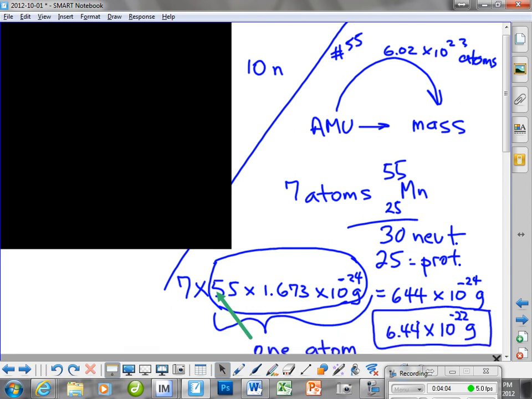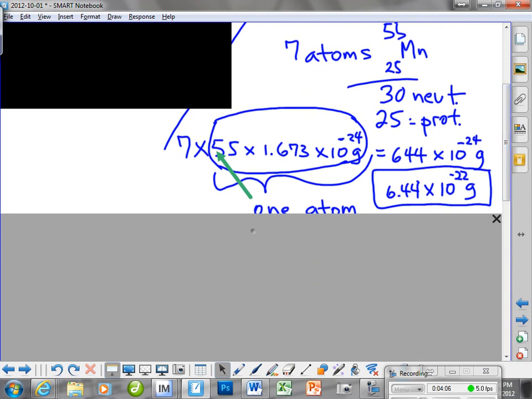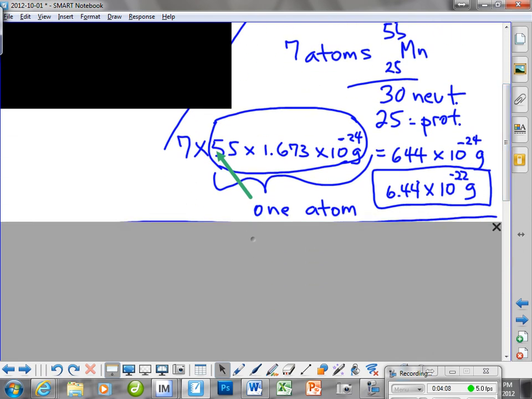Now let's reveal this down here. What I was trying to show is that 1 atom is what we have here, and that will be the total mass for 1 atom. Rather than multiply that out and then start another line, I decided to do the whole thing in one line, so I multiplied the 7 times the 55 times the 1.673 times 10 to the minus 24.